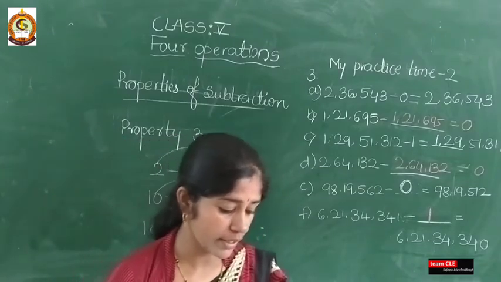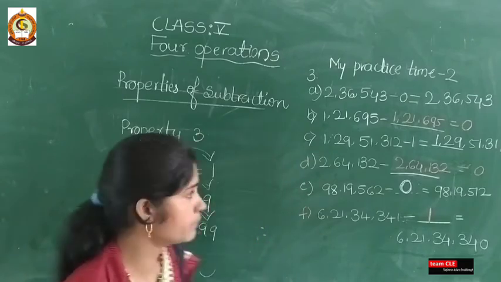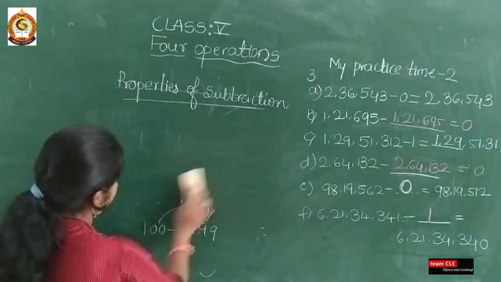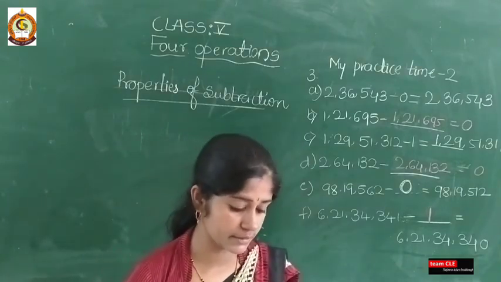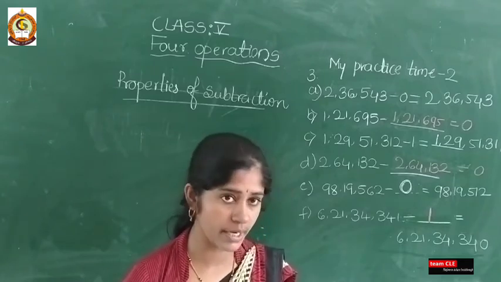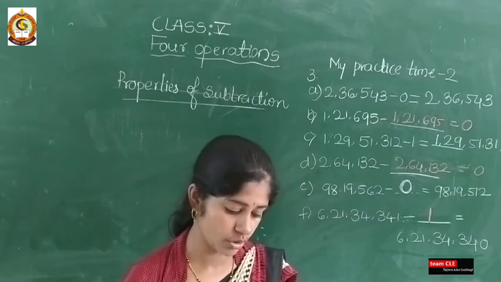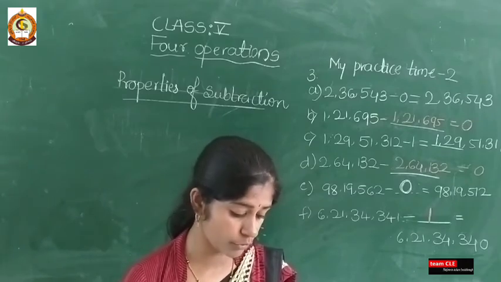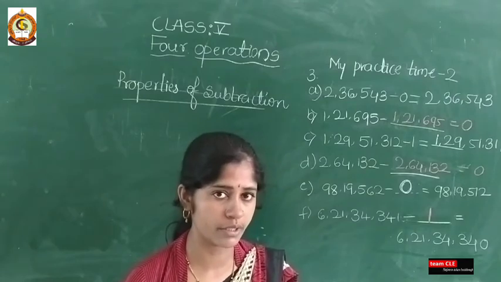First property: when 0 is subtracted from a number, the difference is the number itself. Property number 2: when we subtract a number from itself, the difference is 0. Property 3: when we subtract 1 from a number, the difference is the predecessor of the given number.